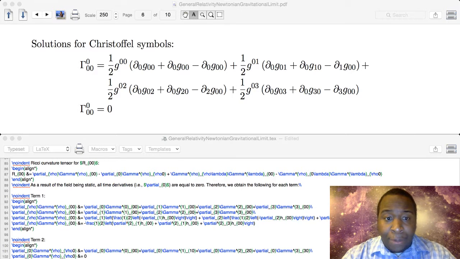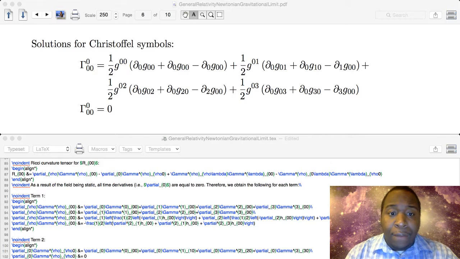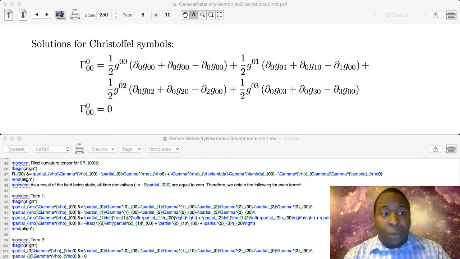So a lot of the terms disappear simply because of that. But not only because of that: for every single term, we have a g superscript 00, g superscript 01, g superscript 02, g superscript 03. This is our contravariant metric that we've defined already. If we quickly look at that, we'll notice something interesting about it.